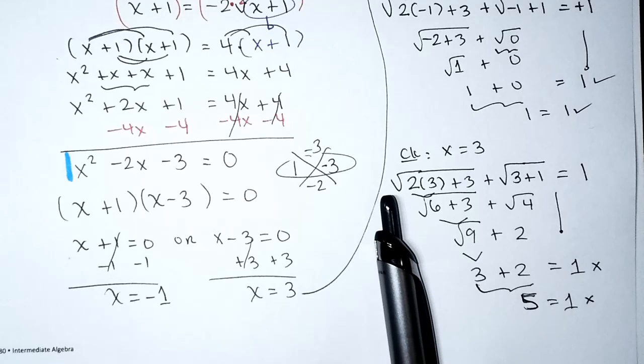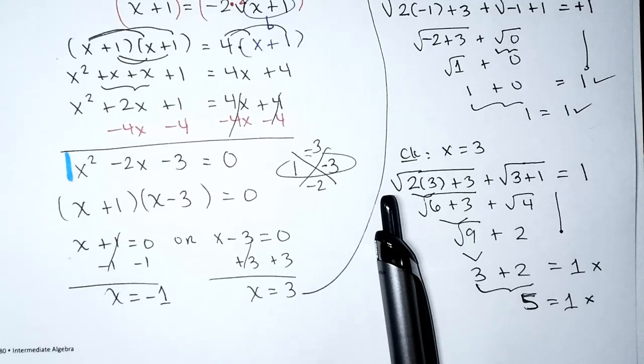So when something doesn't check out, I have a tendency to second guess myself. That is a bad quality about me. When it doesn't check out, my first reaction is, oh man, I made a mistake, let me go ahead and find it. But again, when it comes to radical equations, we are prone to extraneous solutions. An extraneous solution is a solution of one of the new equations, but not of the original equation.